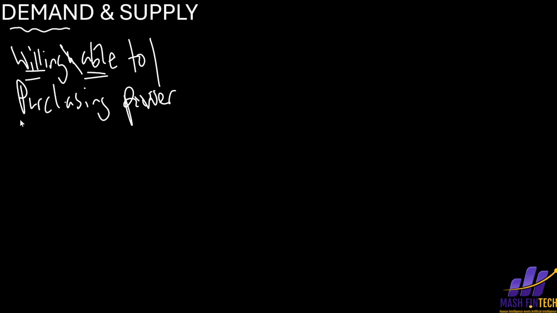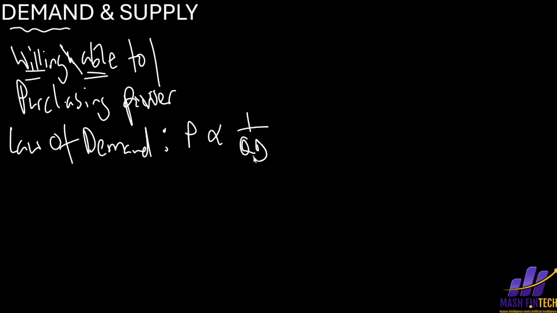The law of demand states that price and quantity demanded have a negative or an inverse relationship. What that means is that as the price is going up, the quantity demanded is going to go down. So this makes sense. When something becomes expensive, people buy less of that good.